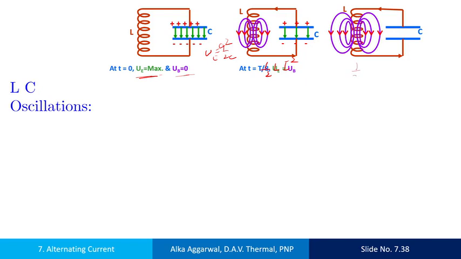Here the whole of the energy is magnetic energy, it is 1 by 2 L i square, and here the whole of the energy is electrical energy. And at any point the magnetic energy is equal to the electrical energy.